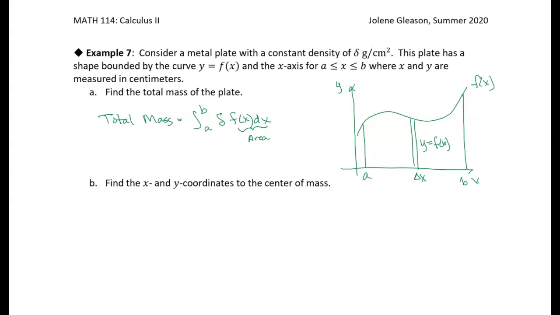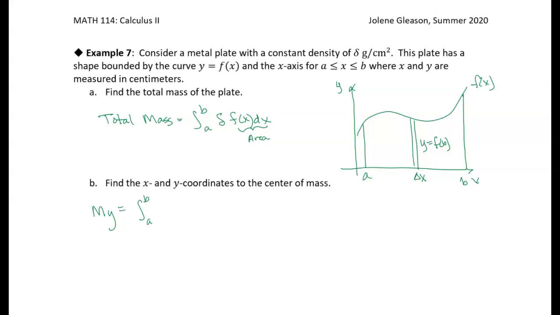All right, also we can look at the moment about the y-axis. To find the x-coordinate of the center of mass, we need the moment around the y-axis, and we've got it sliced nicely in a vertical direction, so we can again just use these same slices to find that the moment around the y-axis is the integral from a to b.